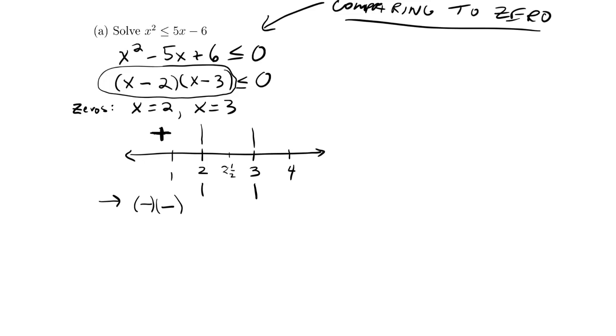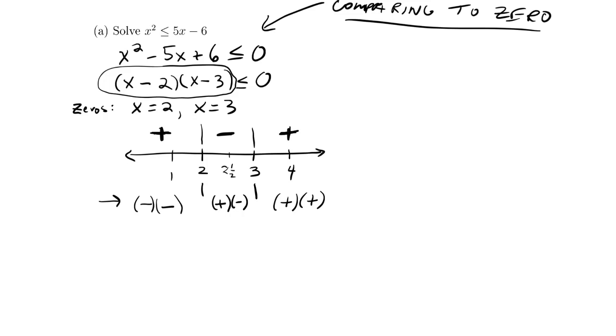So if I go in the middle here, 2.5, if I put that in, 2.5 minus 2 would be a positive value. 2.5 minus 3 would be a negative value. When I multiply those together, I get a negative. Finally, if I put 4 in, 4 minus 2 is a positive value, and 4 minus 3 is a positive value.